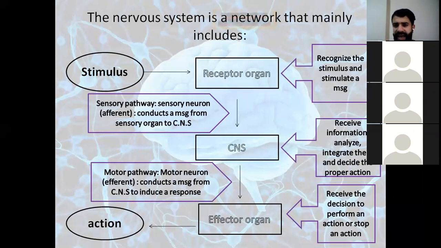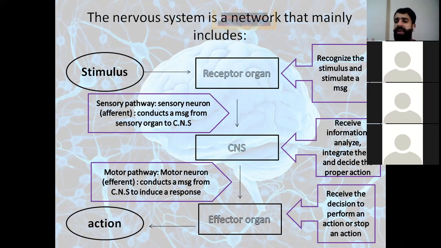So this slide is very important to know the different forms of the nervous system and this complex network. We have the stimulus first that will stimulate the receptor organ and stimulate a message. This message will be carried from the receptor organ, maybe the eye, the nose, the tongue, the ears, or touch, for example, and will move toward the central nervous system.